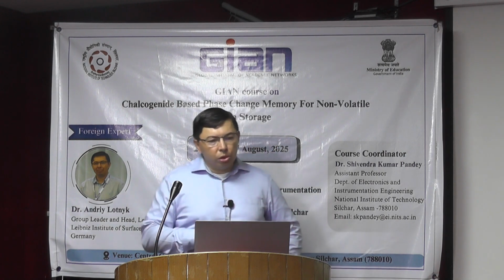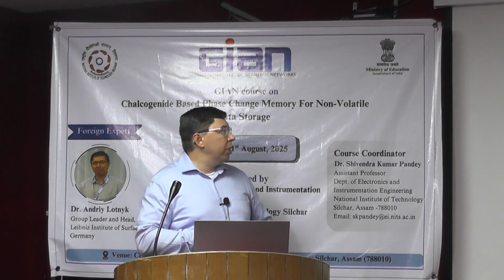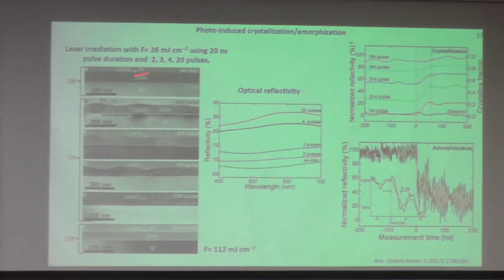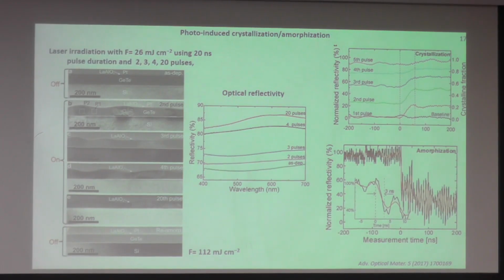So the photo-induced crystallization, amorphization, is based on the phase change between amorphous and crystalline states. If you illuminate your film with a laser of fluence in this range and using a very short pulse, 20 nanoseconds, you can induce the crystallization of your material.